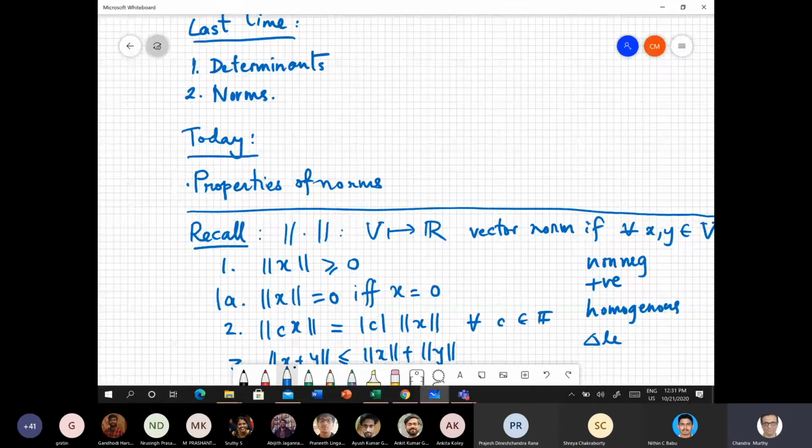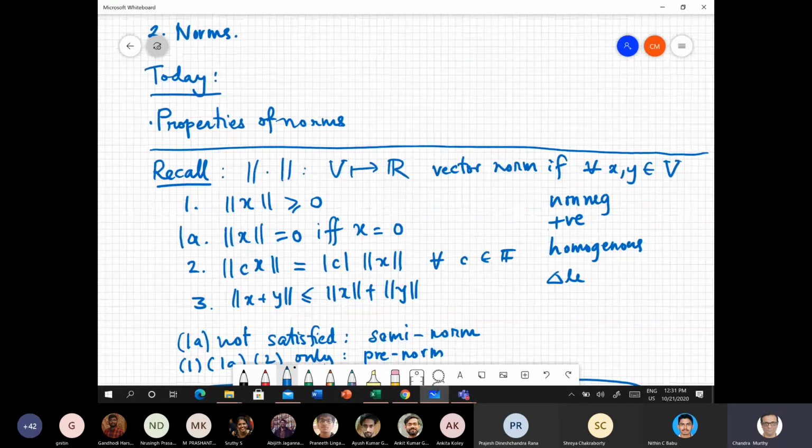Recall, so that we have the right starting point, that something is a norm provided that for any x and y belonging to the vector space V over which the norm is defined, the norm of any vector x is greater than or equal to 0, and it is equal to 0 if and only if x is 0.